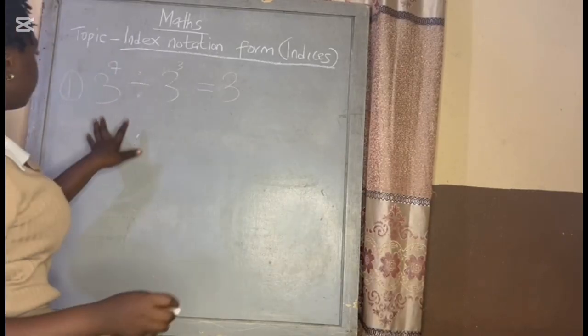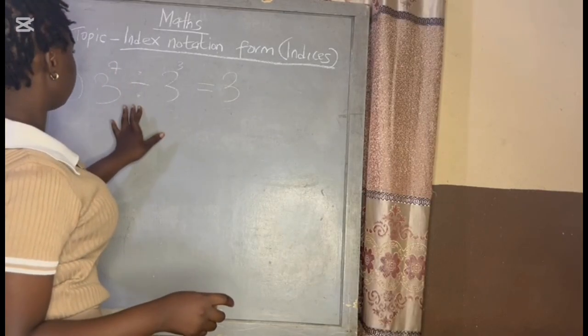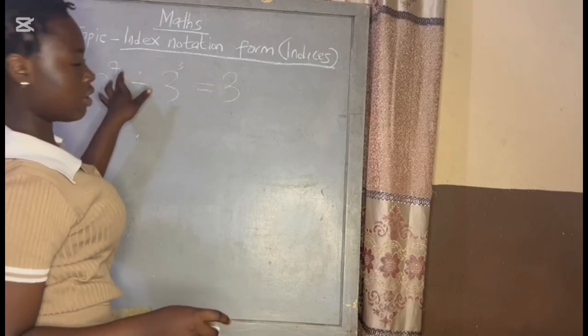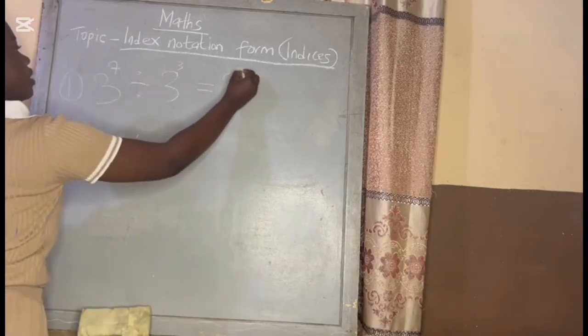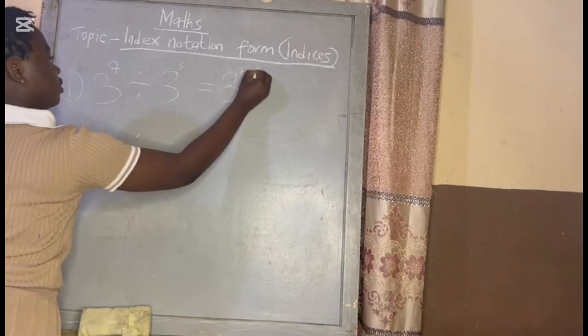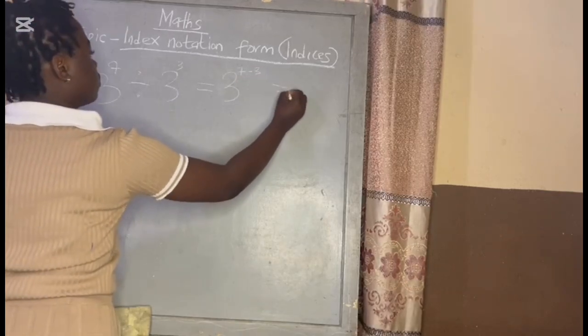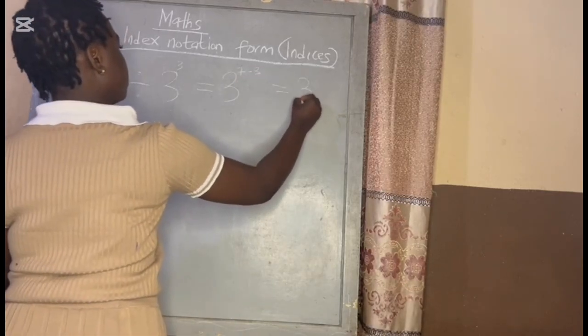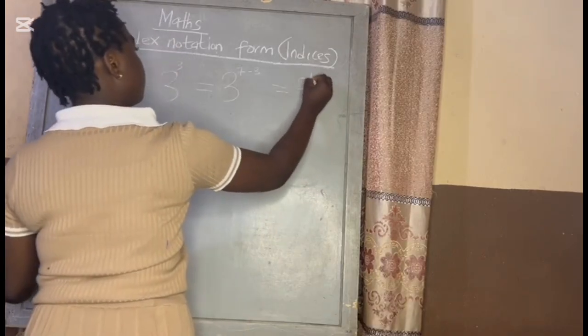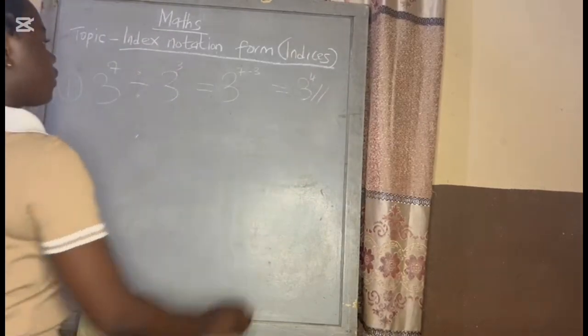As I said, if the bases are the same and division is involved, you simply subtract the exponents. So 7 minus 3 is 4, giving 3 raised to the power 4. This is our final answer.